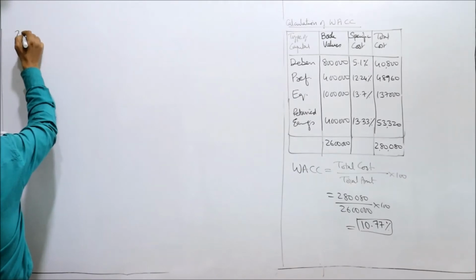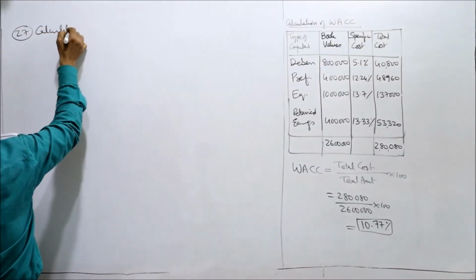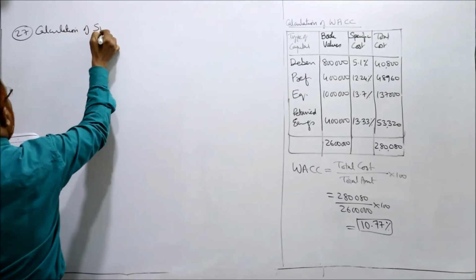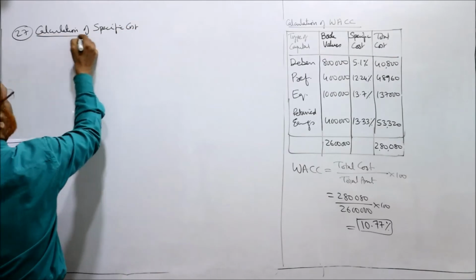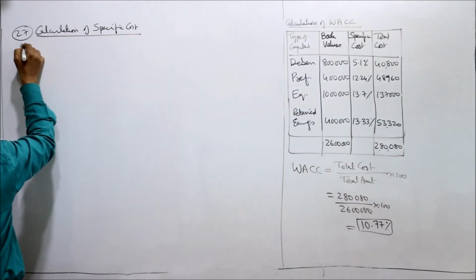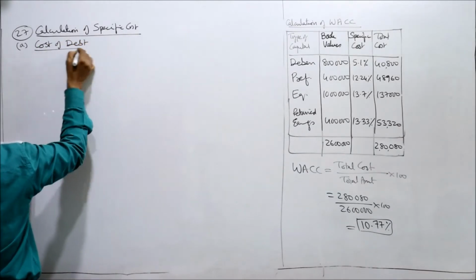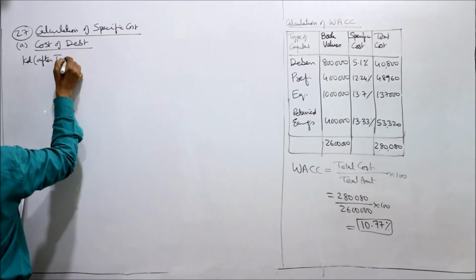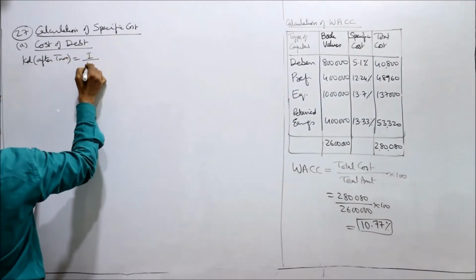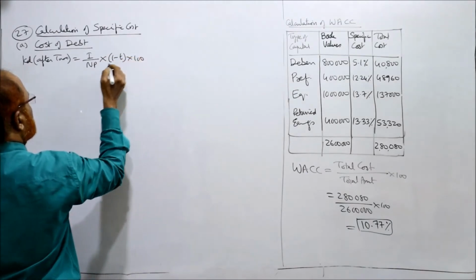27th. Calculation of specific cost. Cost of debt. KD after tax is equal to I by NP into 1 minus T into 100.